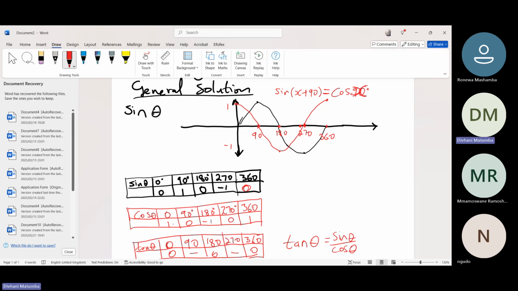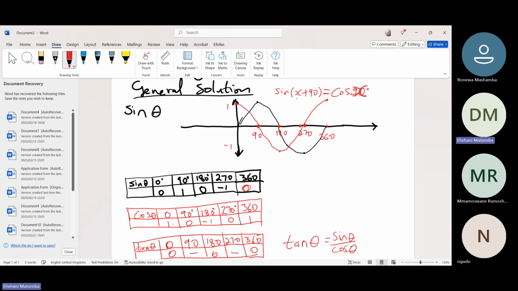Do you see? The distance between the two graphs is actually 90. Do you see the reason why if you add 90 or subtract 90, you can easily get a switch between the sine graph and the cos graph?